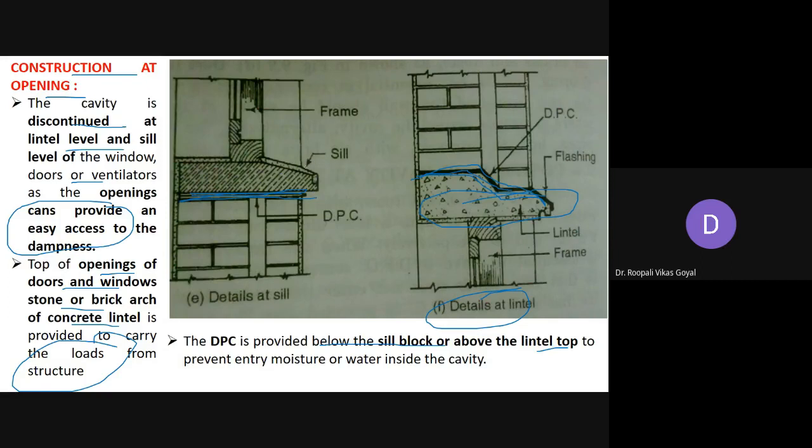Okay. So generally this sill can be provided in the form of an RCC slab, or a very strong stone may be provided as a sill. So generally this DPC is provided below the sill block or above the lintel top, just to prevent the entry of moisture or water inside the cavity. So this kind of precaution arrangement is done whenever this cavity is extending at the opening.